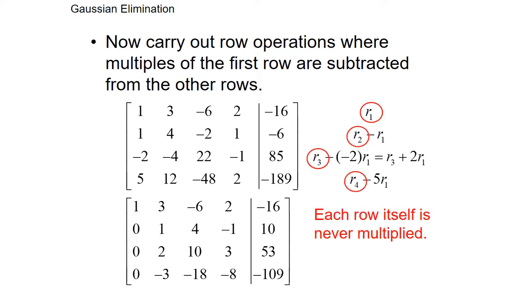Note that what we're doing is 1 of row 1, 1 of row 2 minus row 1, 1 of row 3 minus 2 row 1, 1 of row 4 minus 5 row 1. Under Gaussian elimination, we never multiply the row in question by anything.